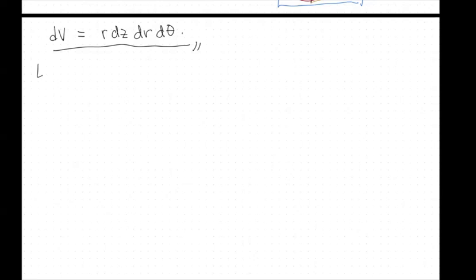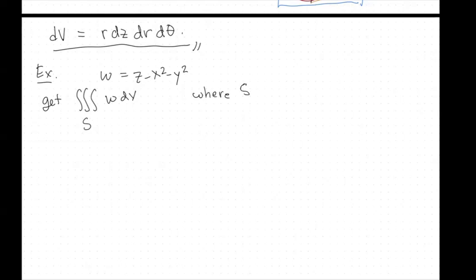Okay, let me do an example here of evaluation. Suppose we are given W. This W is in terms of x, y, and z. So here it is z minus x squared minus y squared. And we are asked to get the triple integral of W dV over the region S, where your S is bounded by the first equation.